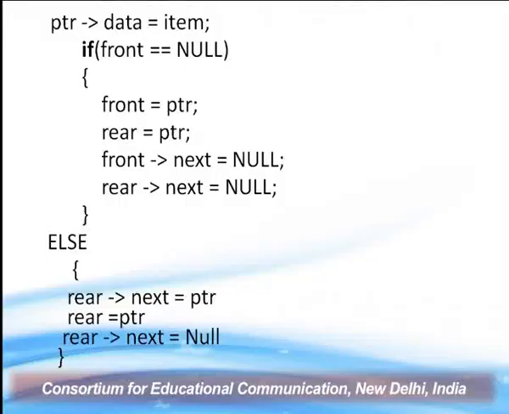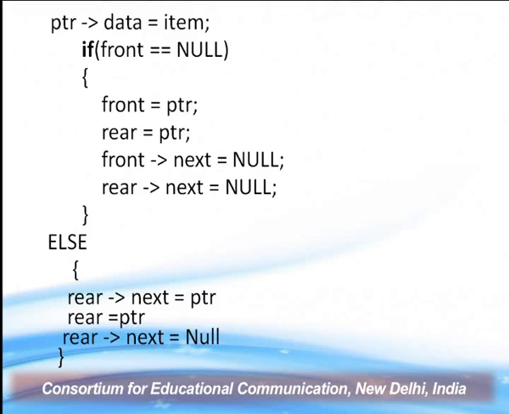Next pointer of the front and rear both will point to null in this case, and rear and front will both point to that only element added into the queue. So, we have a PTR, data of PTR will be the item or the value given by the user.